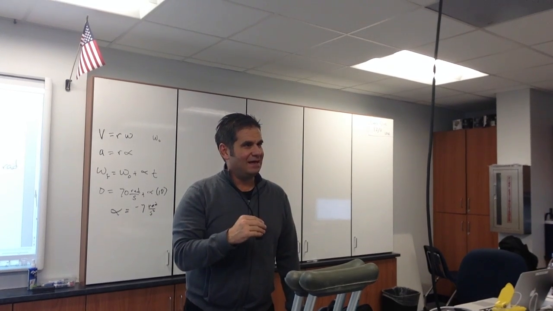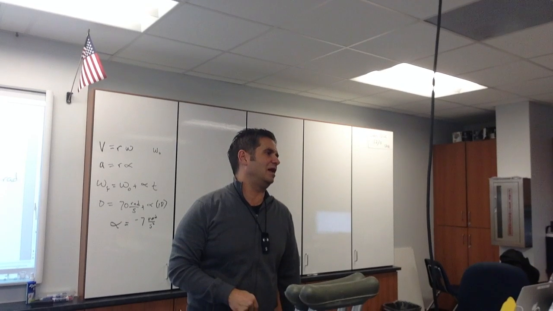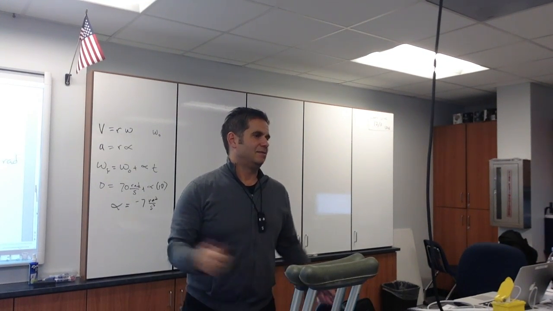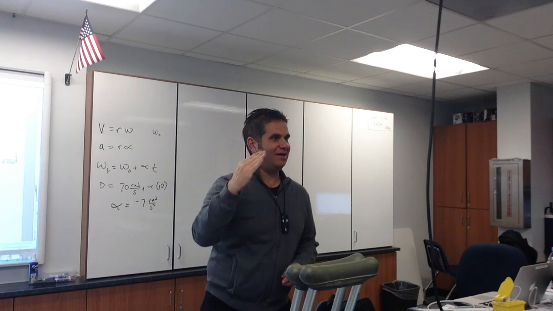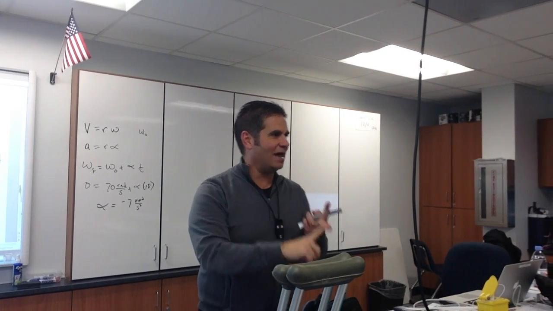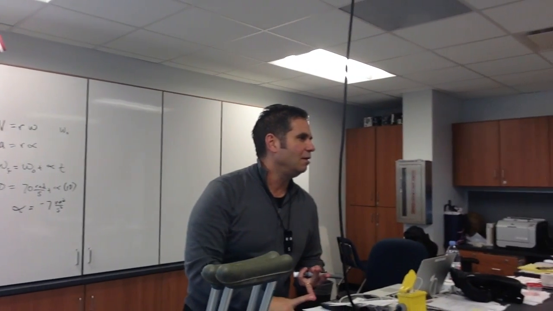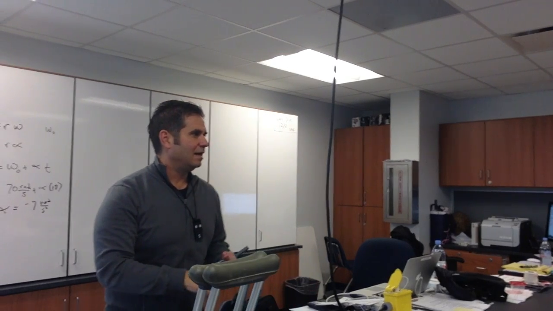Does everyone see that? Now, what was the initial angular velocity? When it's here, 0, and it gets up to 10, and I know the theta. So now I know theta, I know omega final, I know omega initial, and the rest of this problem is history. This is pretty easy, right?